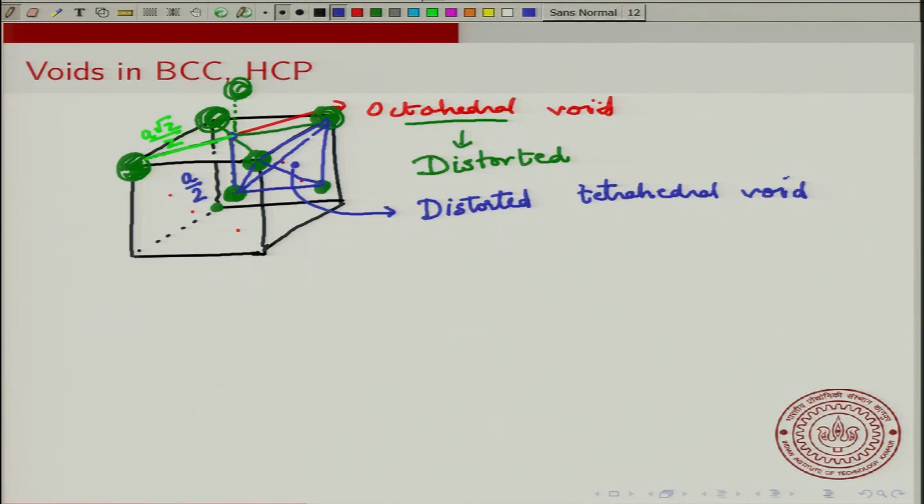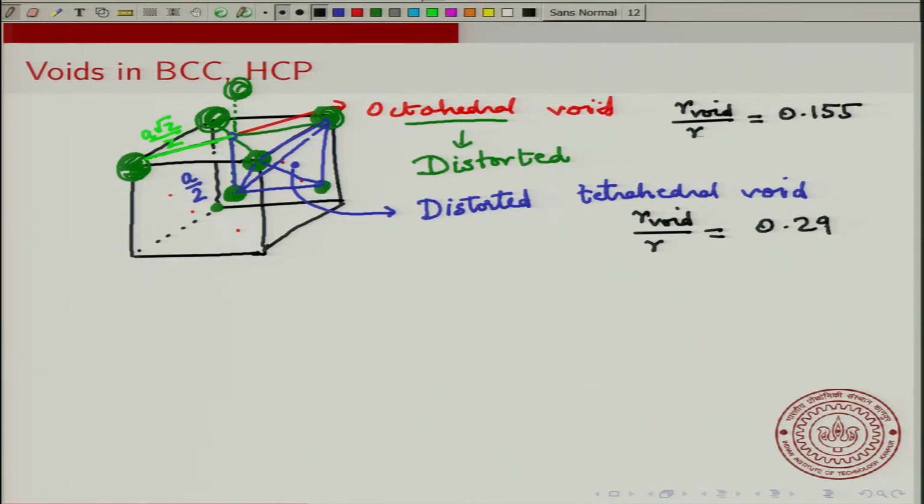Now, I'll just mention that for the octahedral void, the radius ratio, R void relative to the R of the atom, is about 0.155, whereas for the tetrahedral void this same ratio is 0.29.